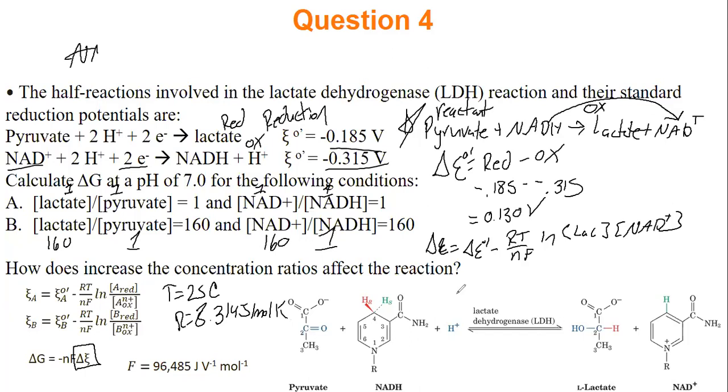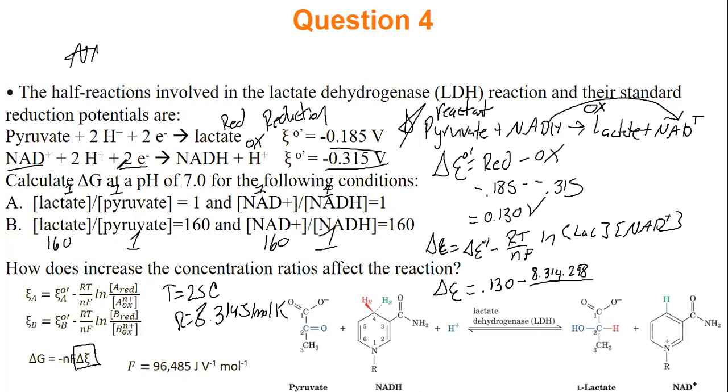So I solve for delta E because I have an equation and I have all my variables. We already solved for delta E not prime, 0.130 minus R. And we want this in 8.314. This actually might be the wrong R for this equation. Nope, it's the right one. Times 298 divided by N. Remember, N is the number of electrons.